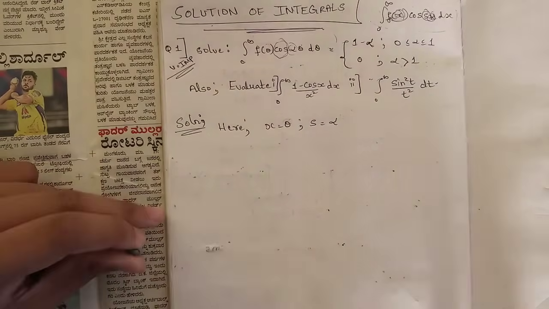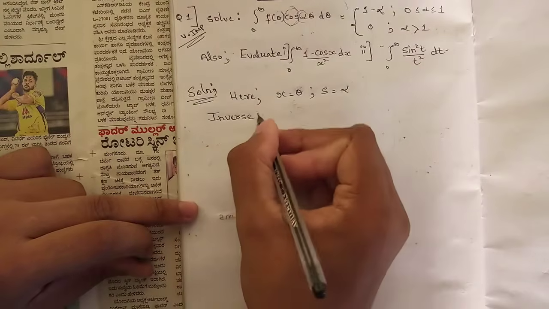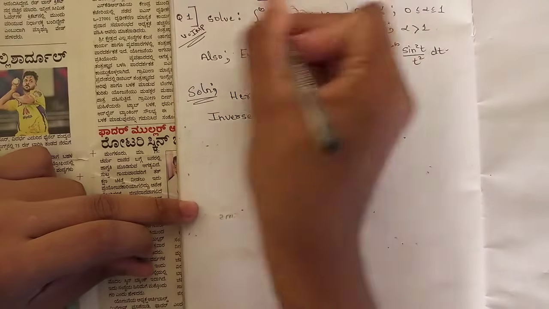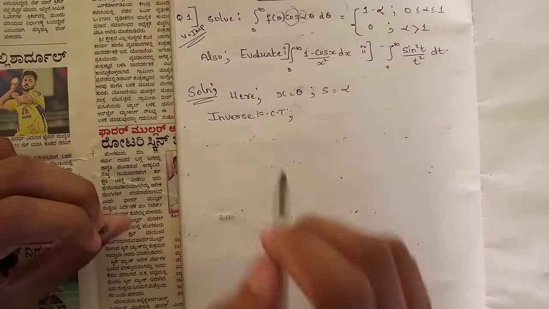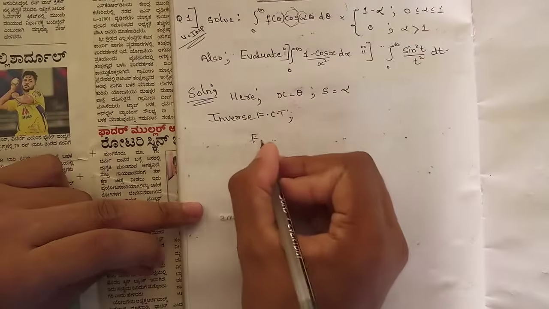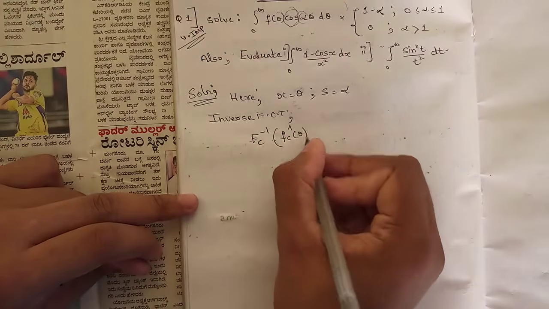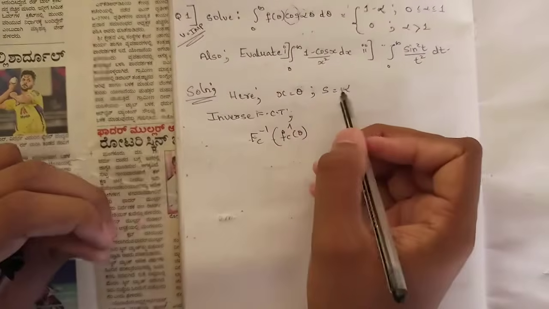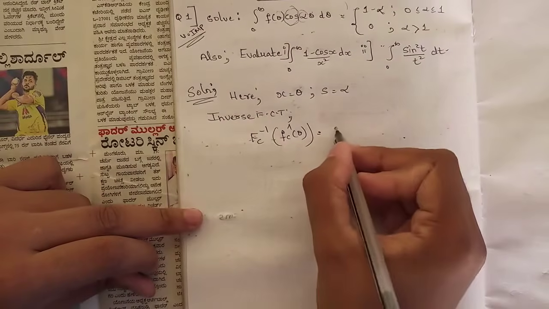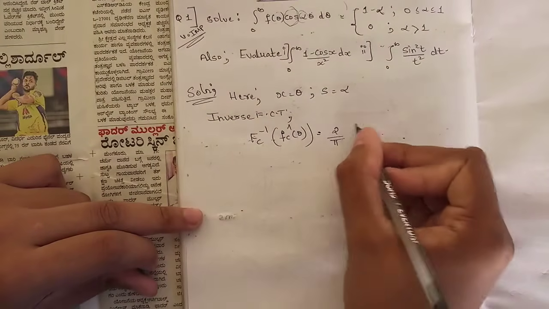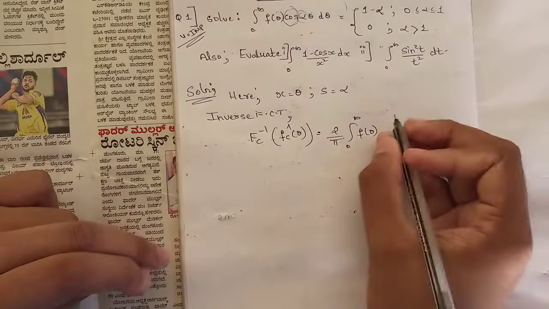Now the first thing we need to do is use the inverse Fourier cosine transform. Since this integral is of the form of a Fourier cosine transform, the first step is to use the inverse Fourier cosine transform, that is Fc inverse of Fc of theta, given as 2 by pi into the integral from 0 to infinity of f of theta cos alpha theta d alpha.